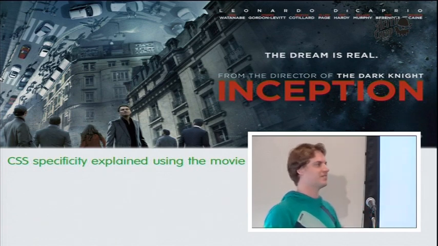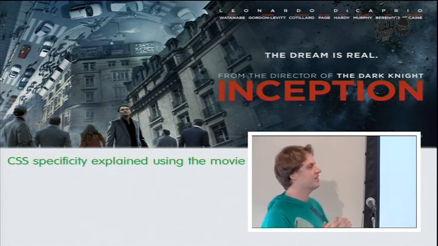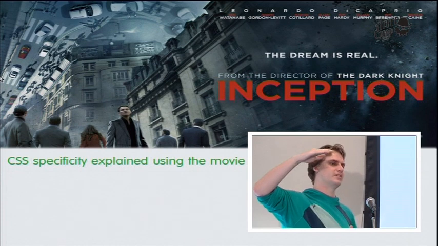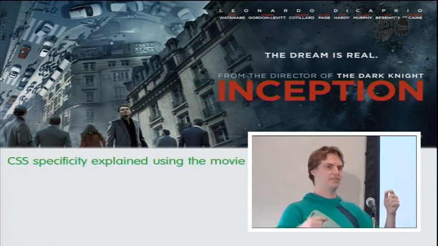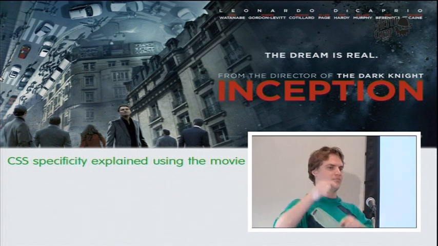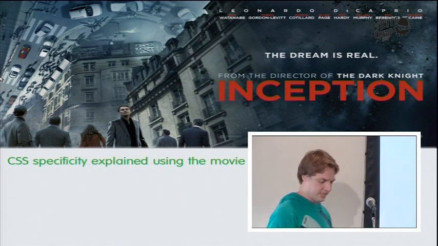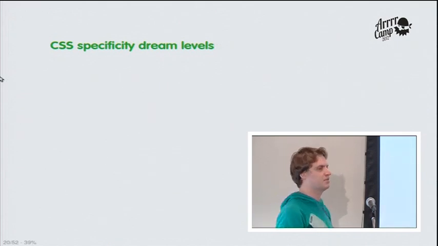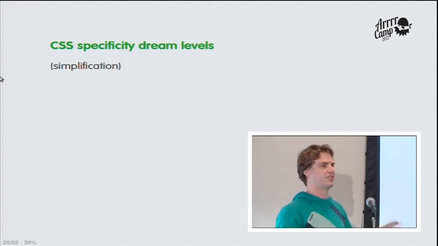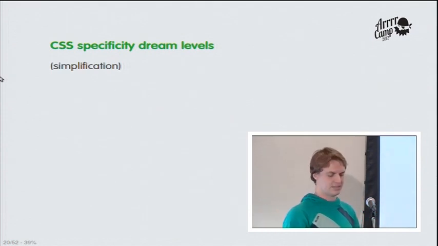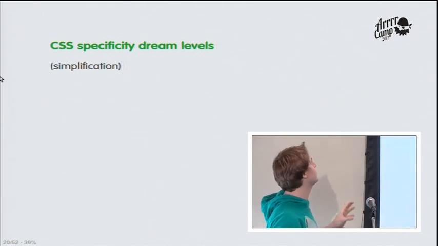The basic plot of the movie is that we have these different levels of reality and dream realities, and there are people going between the levels and changing something in the level above. With CSS, I think it's pretty similar. I have to say this is a simplification. CSS specificity is actually pretty complicated to really calculate. But in general, you can say that there are different levels.